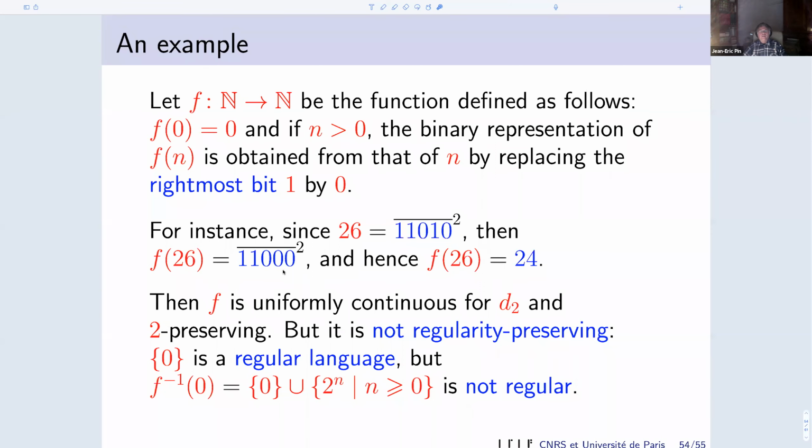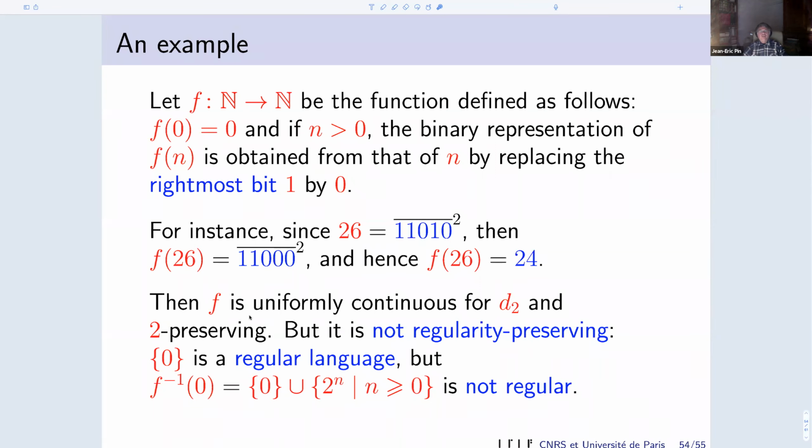I think I made a mistake here, I think there is a typo here. And you replace the rightmost bit 1 by 0. Oh no, that's correct. So you replace this 1 by 0, and now you get the result, this is 24.